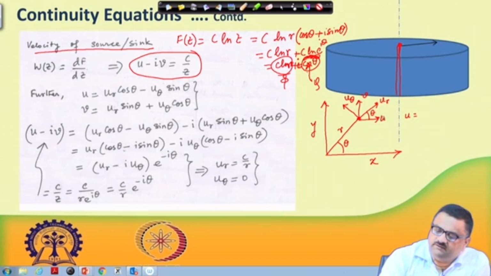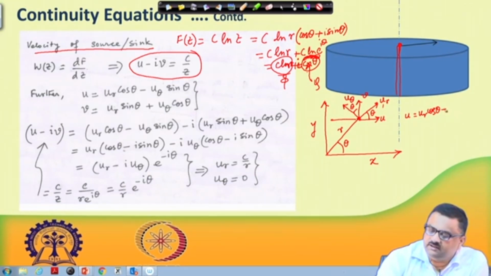So, the component of u_r, so u is equal to u_r cos theta, and on this side you have u_theta, this angle is theta. So, this angle is 90 degrees minus theta. So, you have this here as minus, because this component of u_theta would be there in the negative x direction. That is why I have a minus sign here, u_theta cos of 90 degrees minus theta.